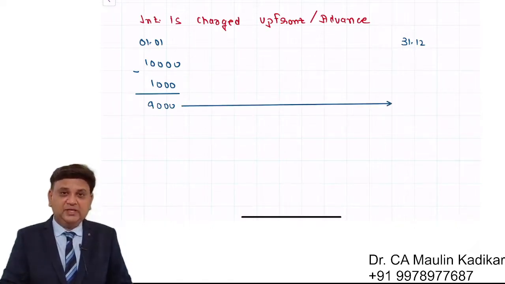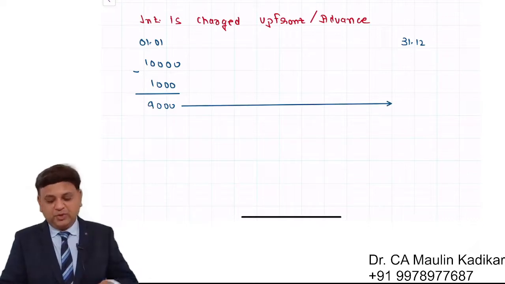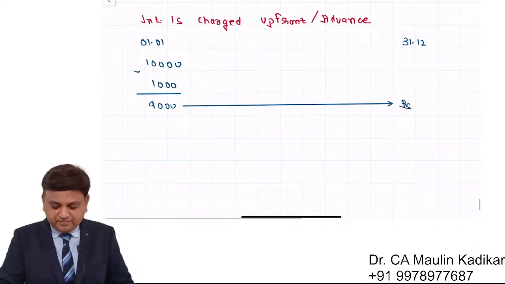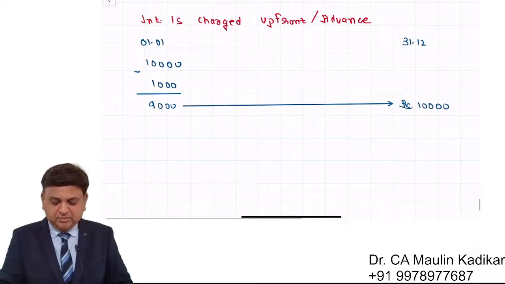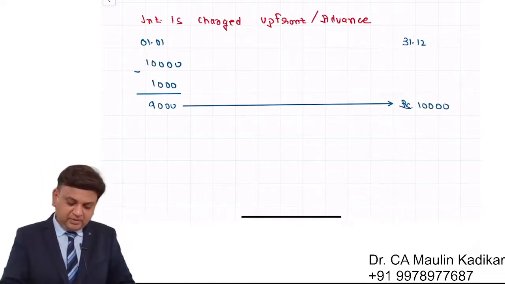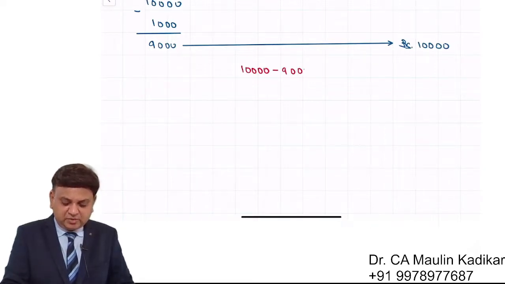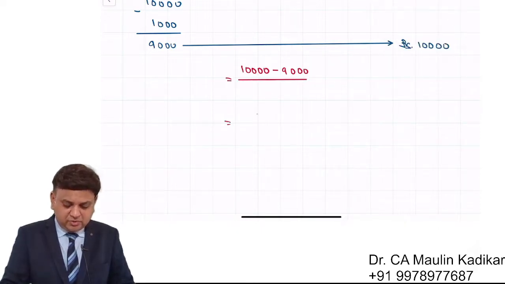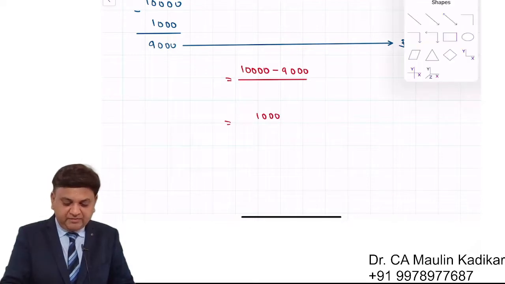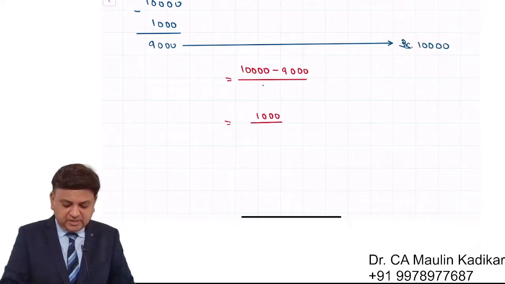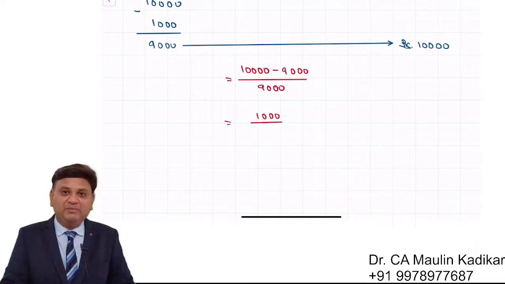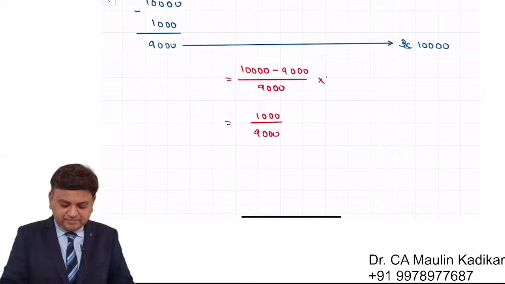At the end of the year, we understand that interest has already been paid, so now you have to pay only principal, that is 10,000. So now what will happen? From the borrower point of view, he paid 10,000 against 9,000. So basically the interest cost is 1,000, no doubt about it. However, this time only 9,000 rupees was the amount that the borrower was able to use in the business.